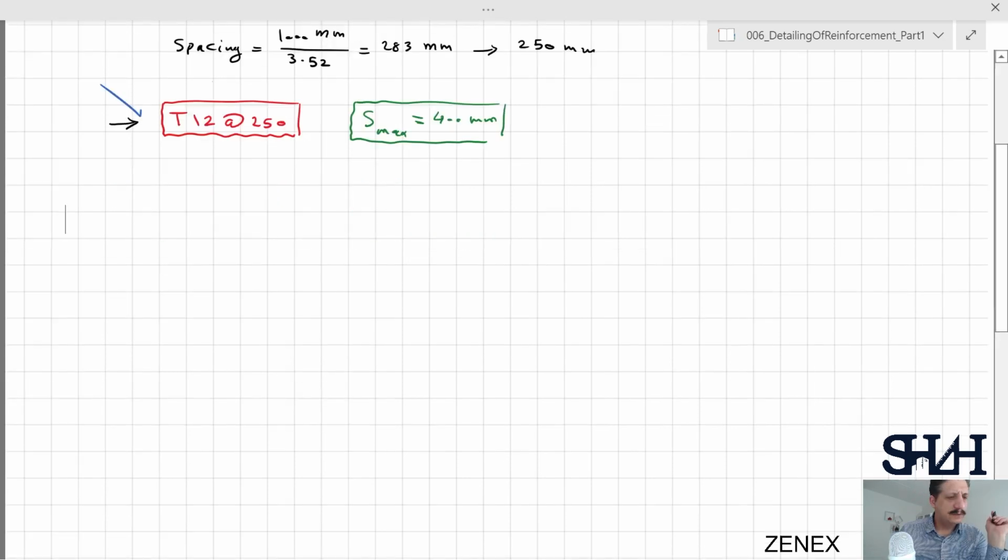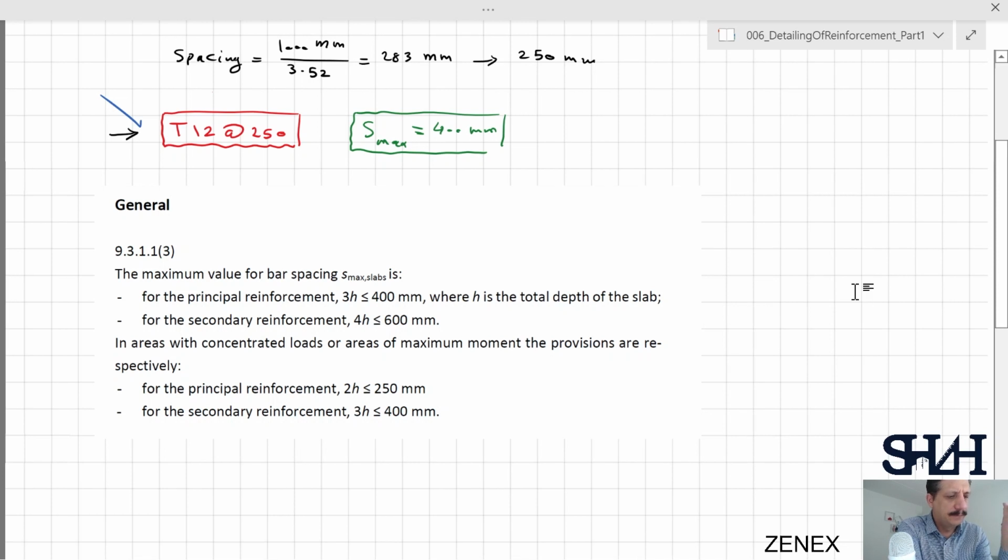It should be noted that if you are designing according to a specific national annex, always check the national annex. For example, in Finland, if we are going to follow the same clause and compare it to what we have in Eurocode, here we can see that we have the same for principal reinforcement, 3h and 400. For areas with concentrated loads and maximum moment we have the same.